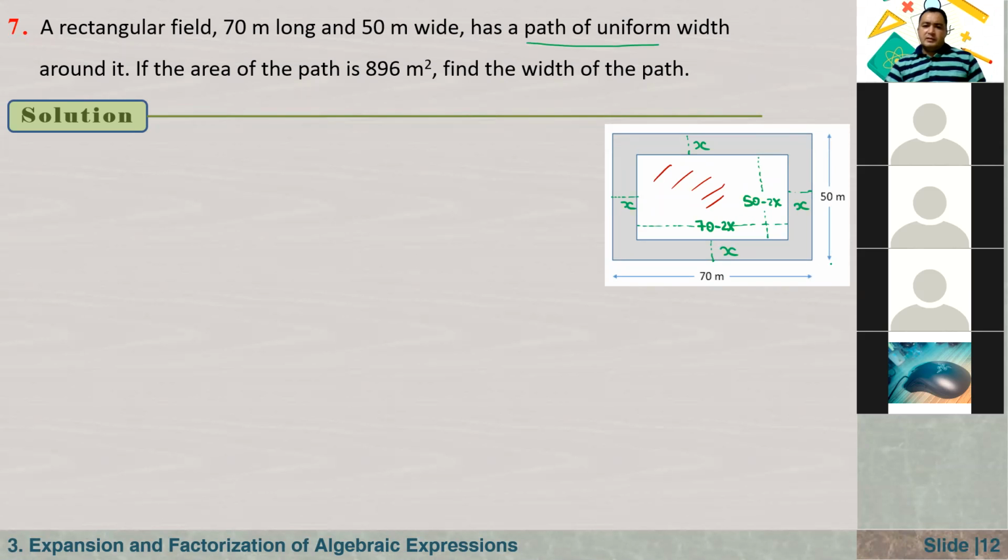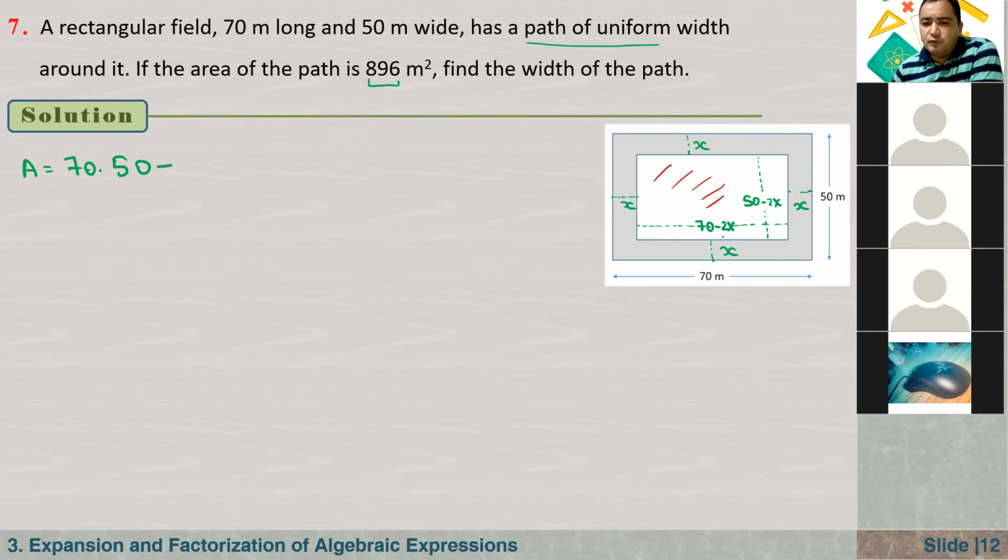Now it says that the area of the path, the shaded region, is 896. What is that area? From the big rectangle, I should subtract the area of the small rectangle inside, the unshaded region. The area of the big rectangle is 70 times 50, minus the area of the smaller one.